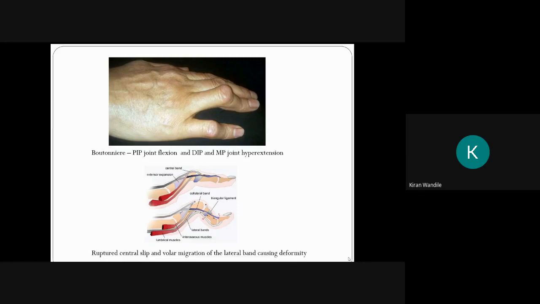It is the reverse of swan neck deformity. The PIP joint is in flexion, and then the DIP goes into hyperextension. So here the primary pathology is again in the PIP joint. Because of PIP synovitis and central slip rupture, there is flexion at the PIP joint, because due to the rupture of the central slip, the extensor pull is lost.